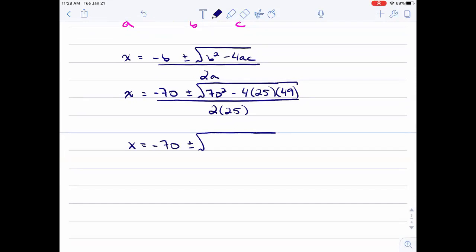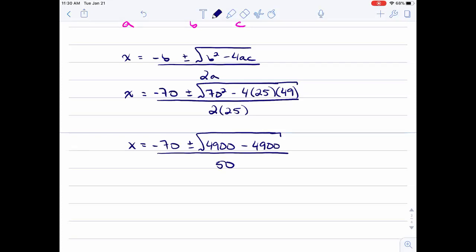So 70 squared is 4,900 minus 4 times 25 times 49 is going to be pretty big. Just big enough. Nice. Divided by 50.